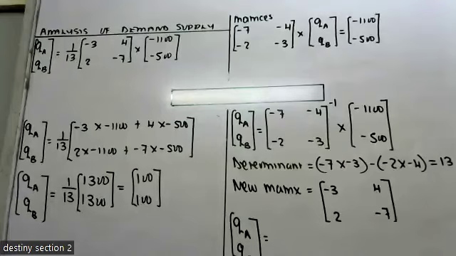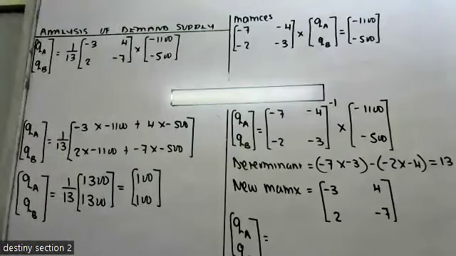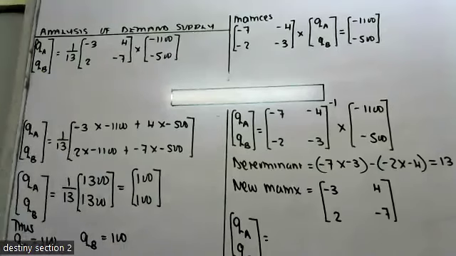Yeah, so thus QA is 100 and QB is also 100. So that is how you solve or you analyze demand and supply.